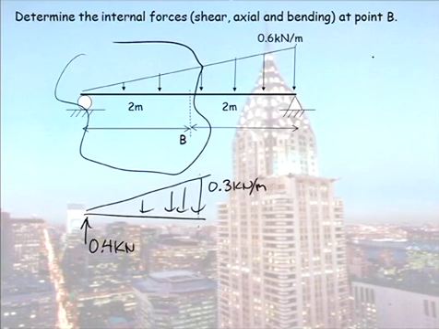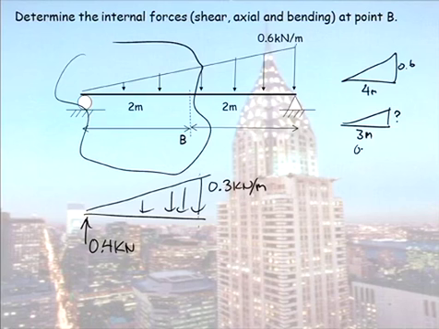So if I wanted to know what it was at 3 metres, 0.6 is to 4 metres, as this unknown value is to 3 metres. So I'd say 0.6 on 4 is equal to question mark on 3, and then that would tell me the height at any location along. Anyway, moving on.